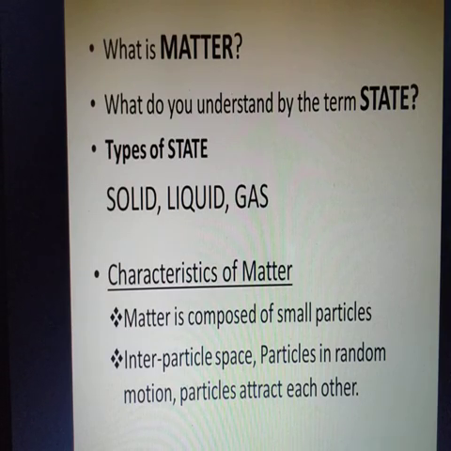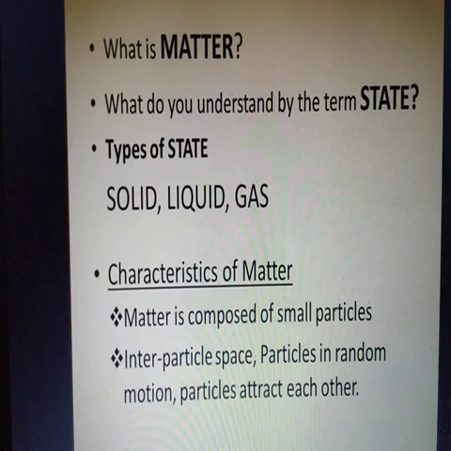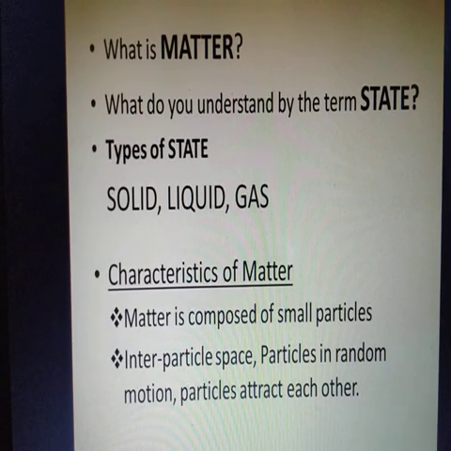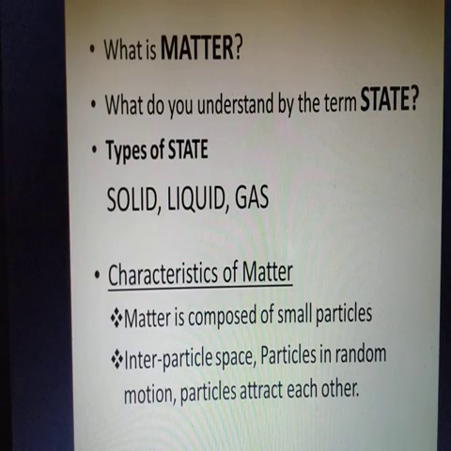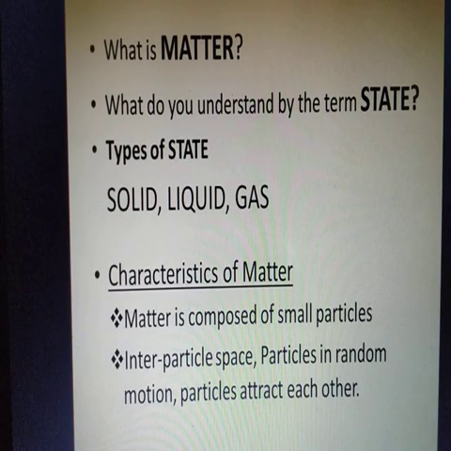But are these three the only states of matter? Not more than that existing? Of course, more than that also exist. For your information, this will definitely not come in your examination. As I told in the previous class also, the fourth state of matter, plasma, exists, and there are a total of 7 states of matter.